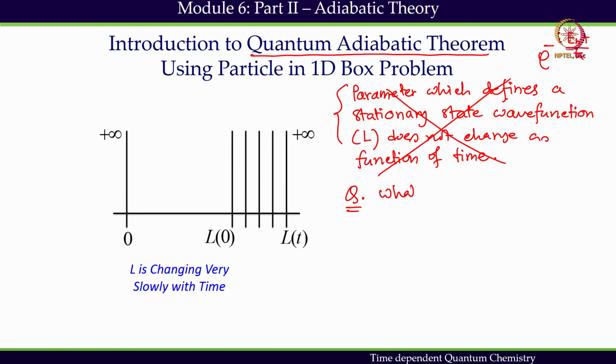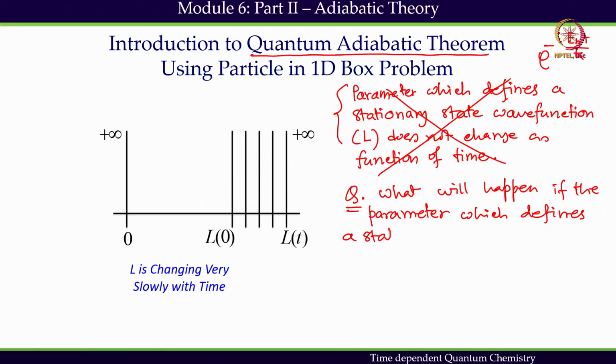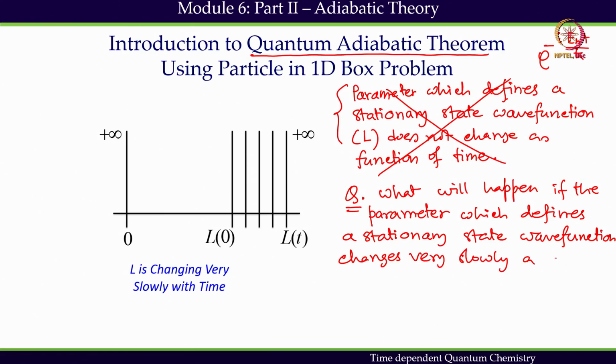The question is, what will happen if the parameter which defines a stationary state wave function changes very slowly as a function of time?